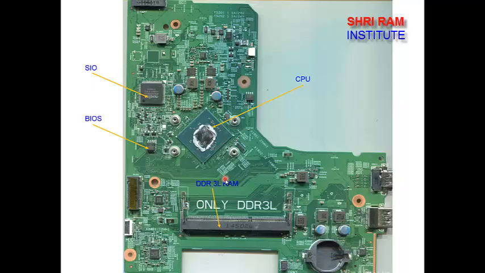If you have done the heating but the display is still not coming, check all the voltages, check the PLT reset, check the DRAM reset at pin number 30, then check BIOS pins number 1 and 2 whether it is accessing or not, and try to flash the BIOS first. Also check the clock here on LPC clock. If the clock is not coming, then try to replace this 25 megahertz crystal.